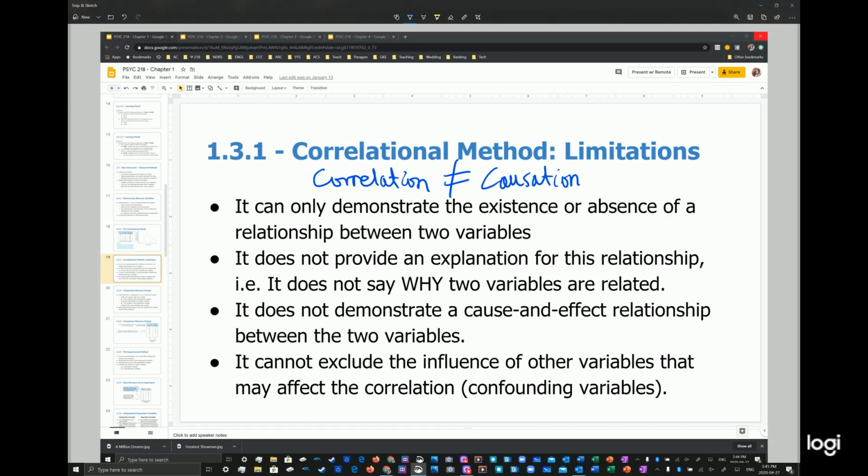We only measured both variables, so we cannot say anything about whether one variable causes another, whether height causes a person to have larger shoe size. You can find somebody who is tall but has maybe size 6 feet, and maybe you can find somebody who is short, maybe 5 feet tall, and has size 12 feet. It is possible. So there could be third factors involved in cases like this. So again, correlation does not necessarily equal causation.